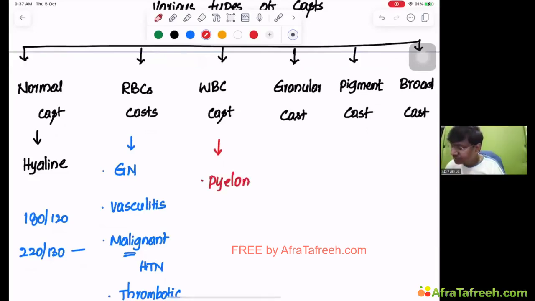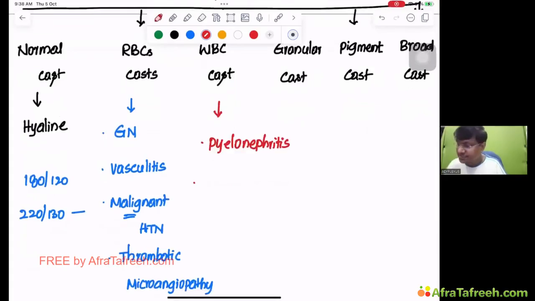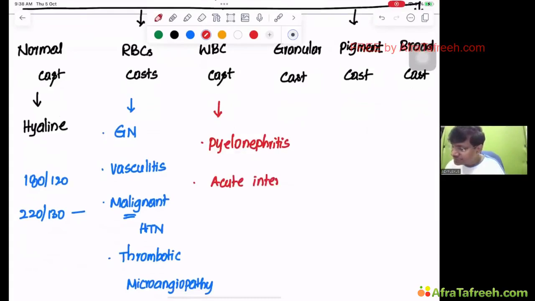That includes pyelonephritis. But a very important area where you can have the presence of the WBC cast is in case of interstitial nephritis, or acute interstitial nephritis secondary to some antibiotics, like cephalosporin and all.